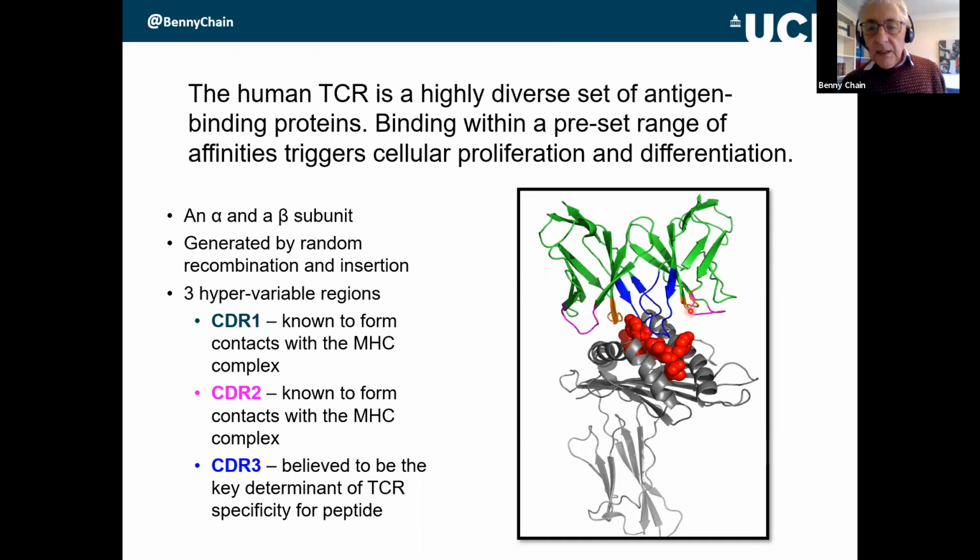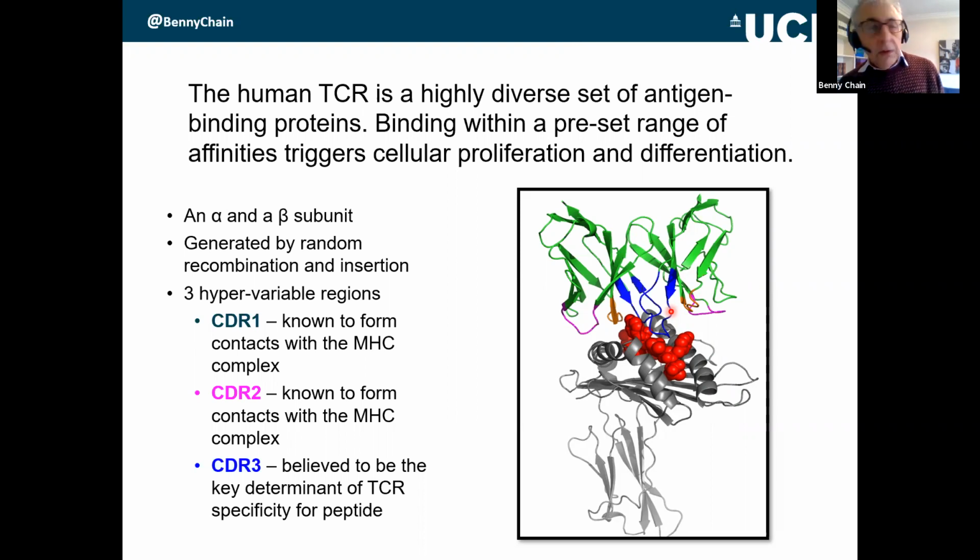The reason for that is that there's a system for making millions and millions, probably in the 1,000 million, of slightly different receptors with a slightly different sequence. We have in the order of around 10 to the 11 T cells altogether in the body.